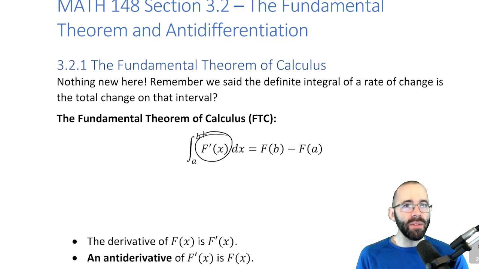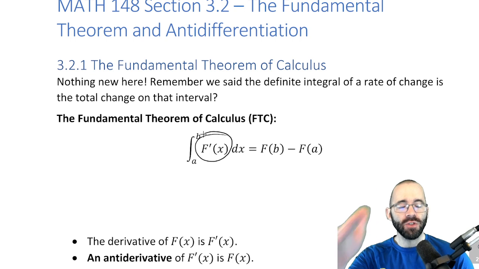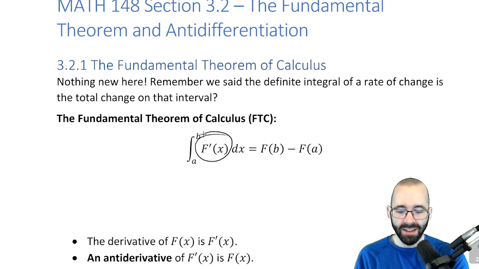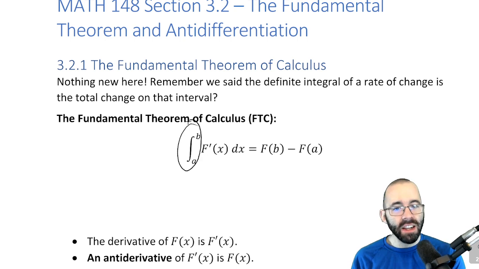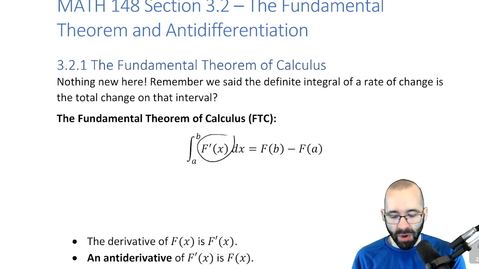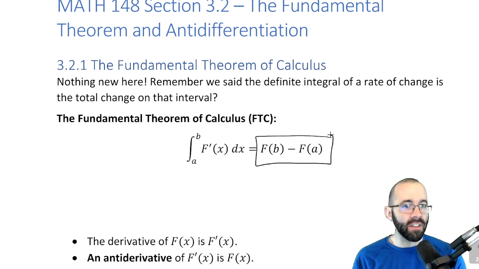That's the whole idea of derivatives, right? Derivatives are slope. Derivatives are how things are changing. The slope of the tangent line. So the definite integral of a rate of change is the total change on that interval.